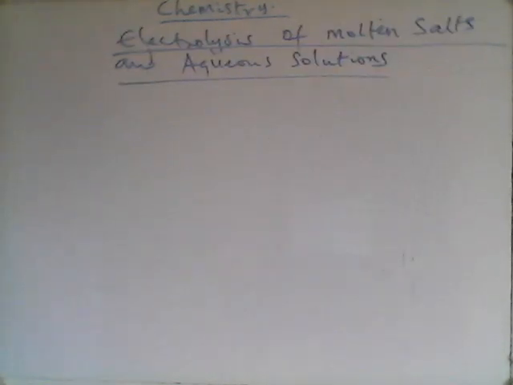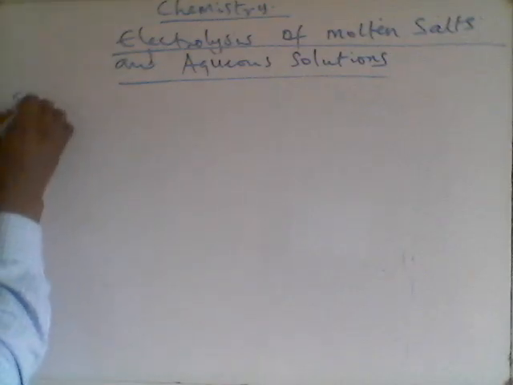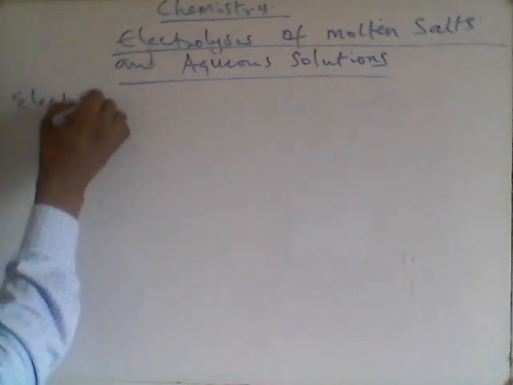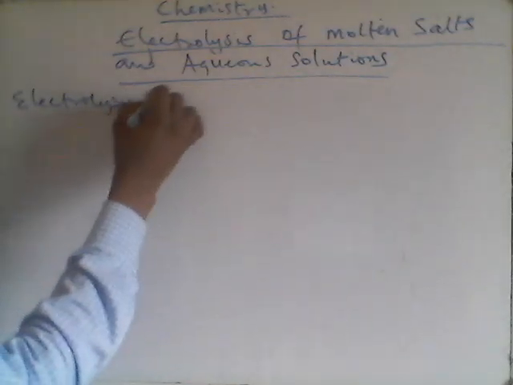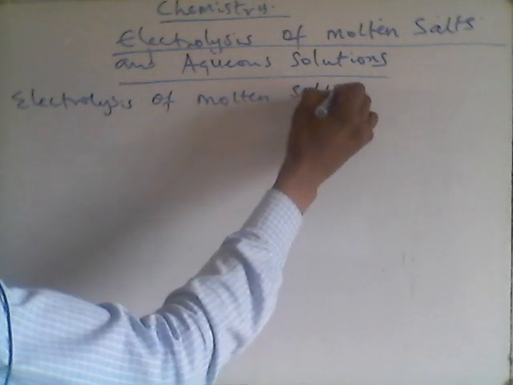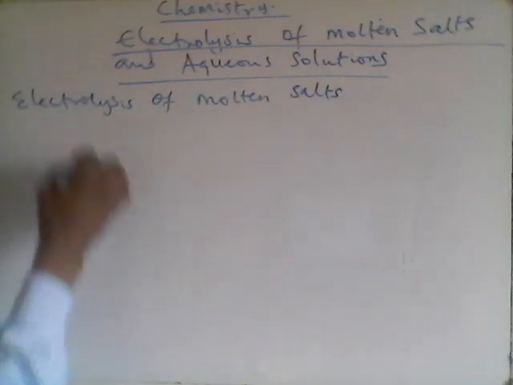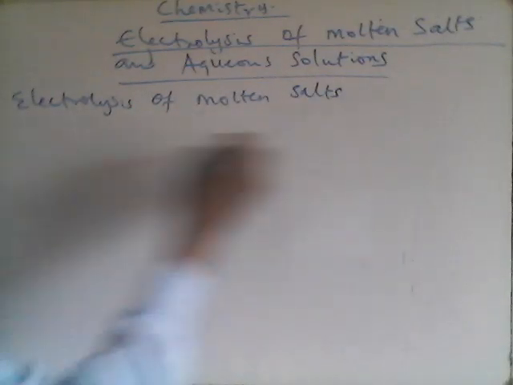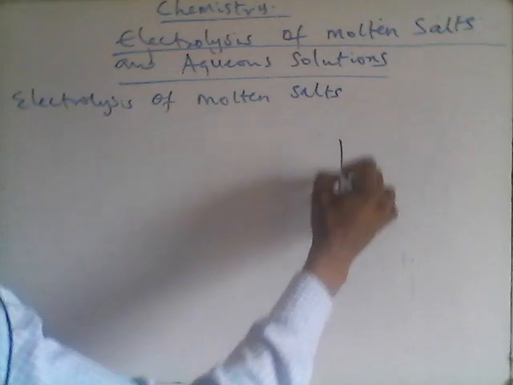Okay, so we'll go into electrolysis of molten salt and aqueous solution. We'll look at an example, electrolysis of molten salts. We're going to take sodium chloride as the example.